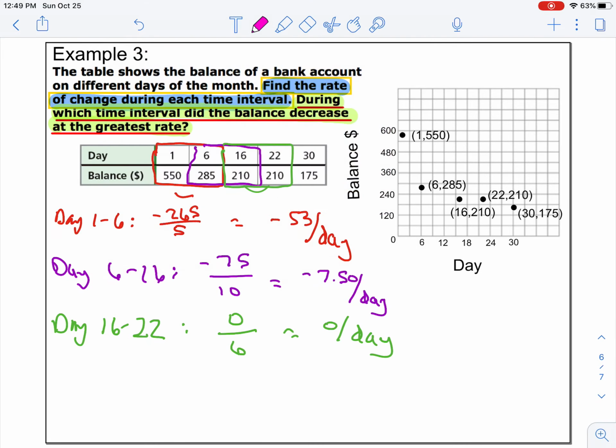And then our last time interval here is from day 22 to 30. And what was the decrease from day 22 to 30? That is a decrease of $35 over a span of 8 days. I'm just double checking that.